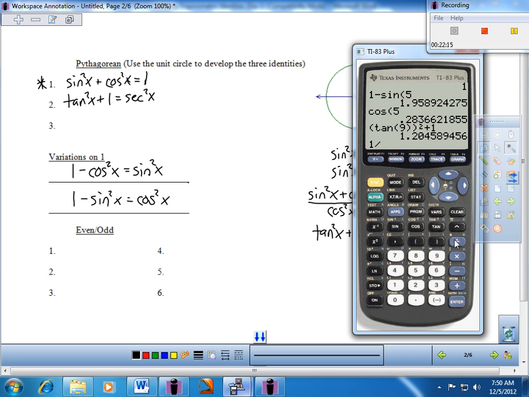So I'm going to do 1 divided by, and let me make sure I've got that right, cosine of 9, and let's square that, everybody. So tangent squared of 9 plus 1 is this right here. 1 over cosine of 9 squared, as you can see, is the same number.